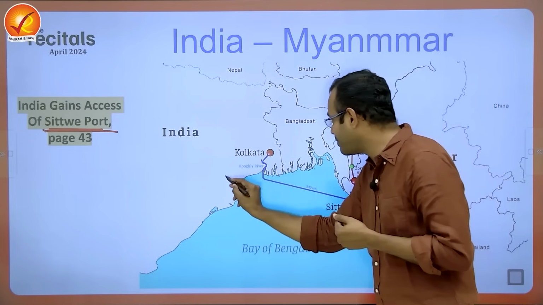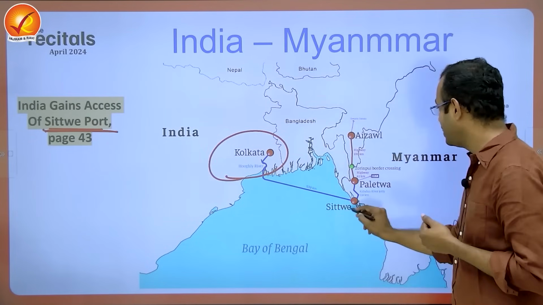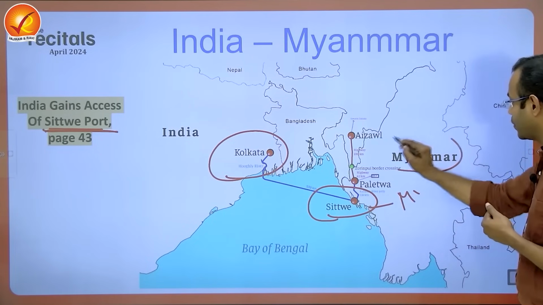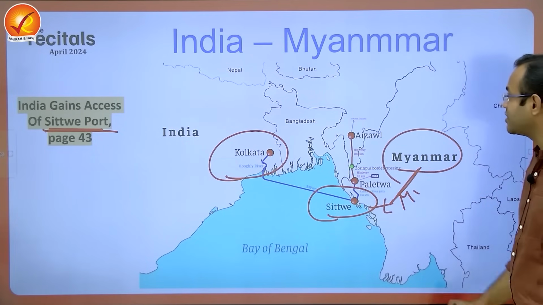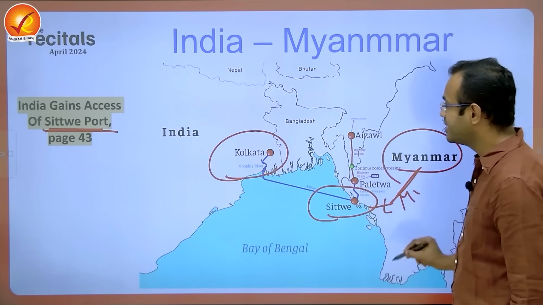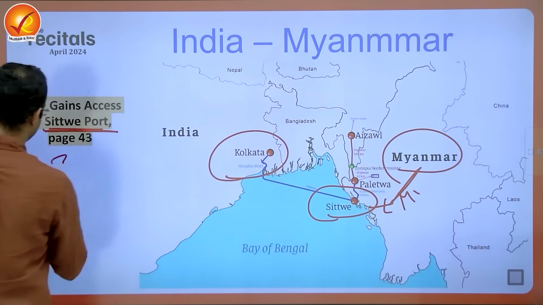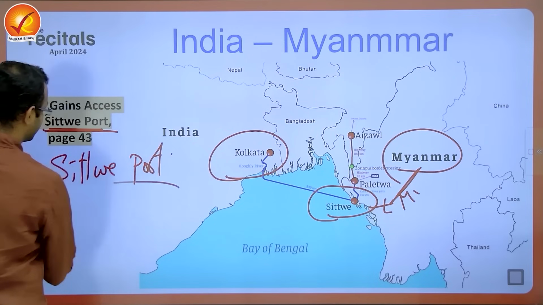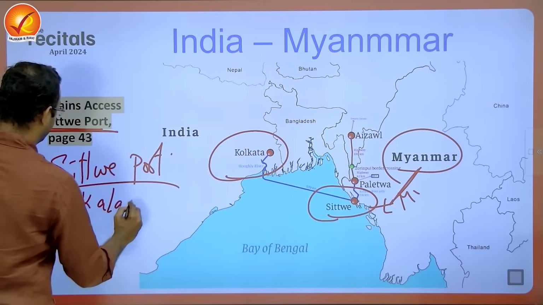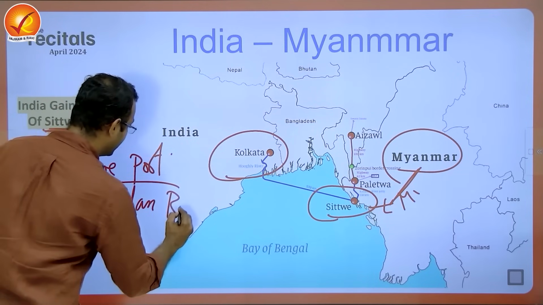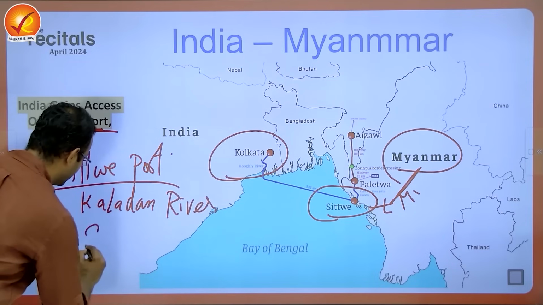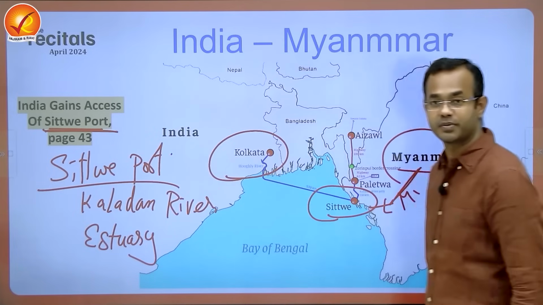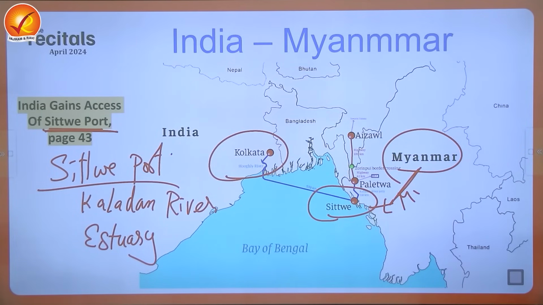For now, we will see only the mapping part where we have Kolkata. Similarly, there is a port in Myanmar called Sittwe port. This Sittwe port is present in the Kaladan river estuary.